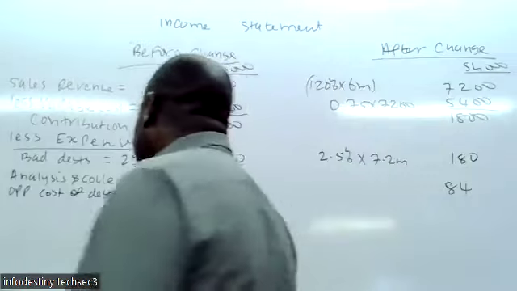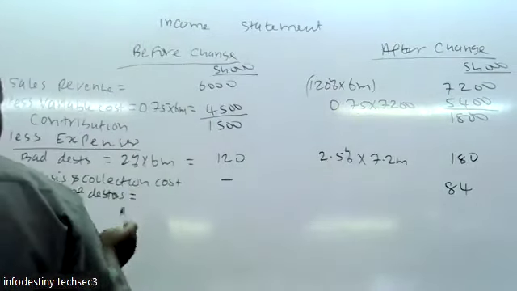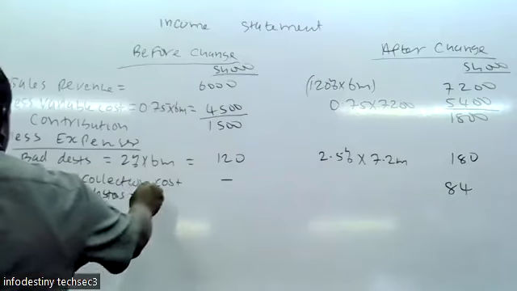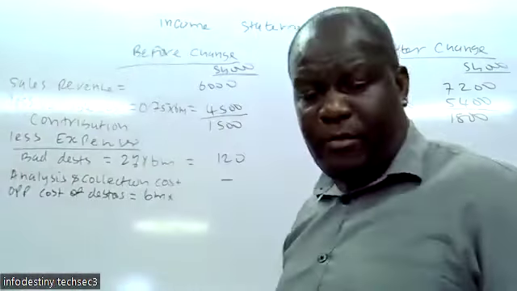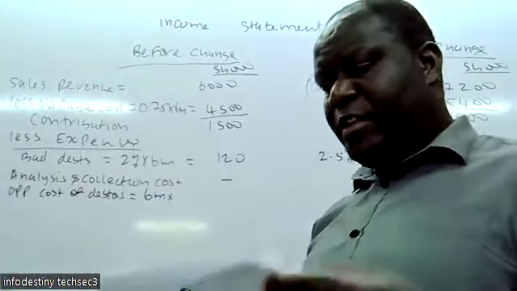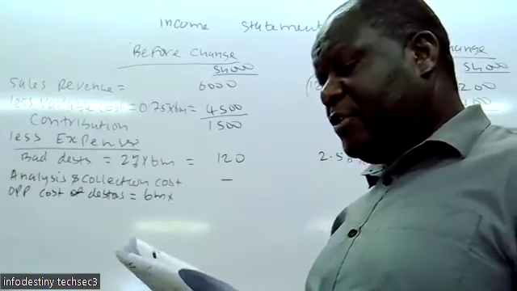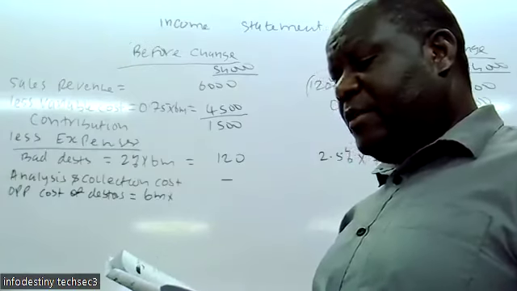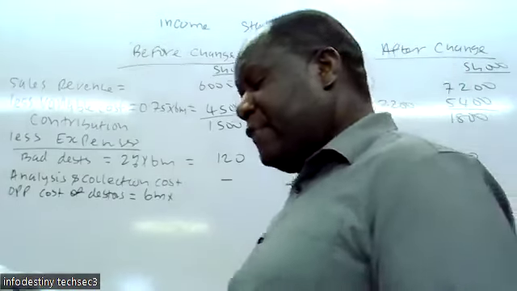So what do you do to get the opportunity cost of the debtors? You get first the average debtors. You take the credit sales, which is 6 million, multiplied by the average collection period. You can see what they have given before additional information. They gave you 45 days.